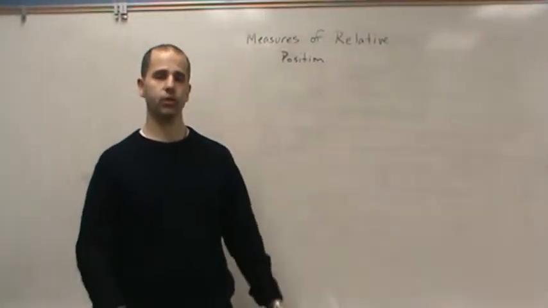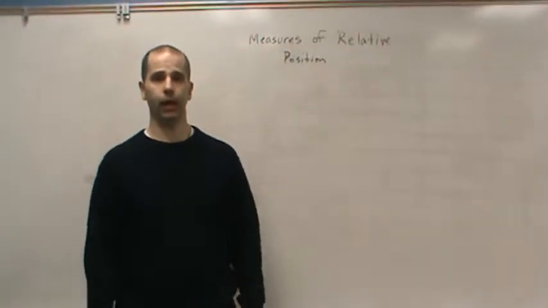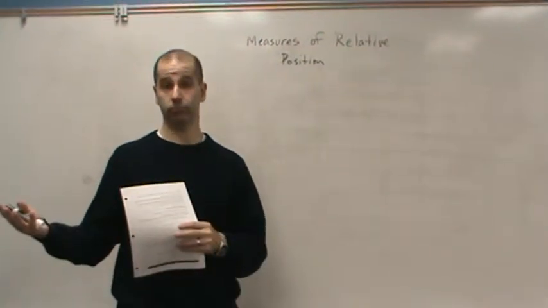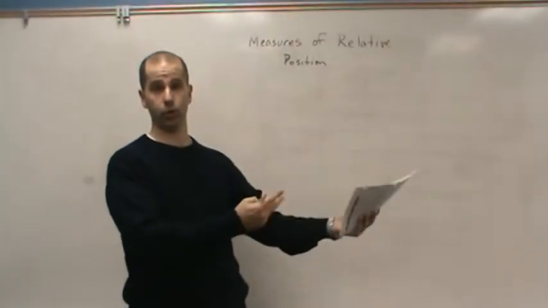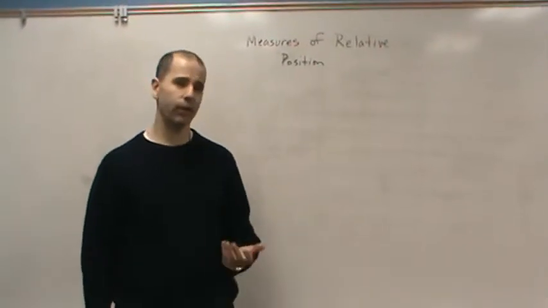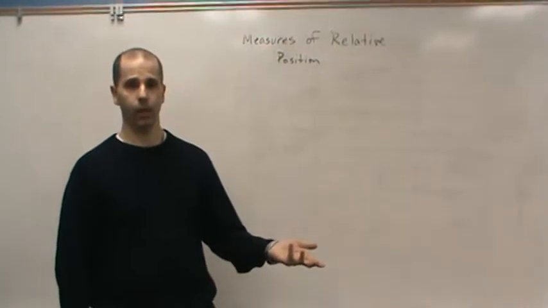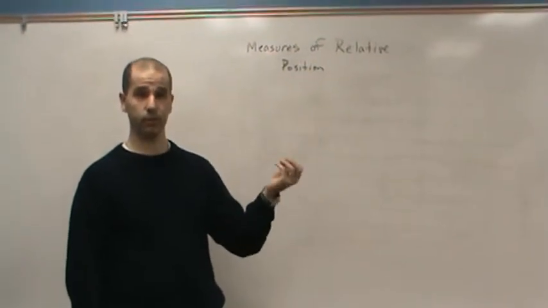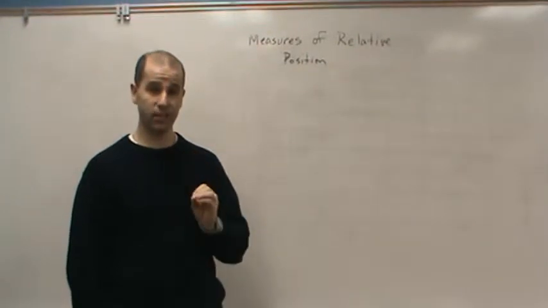Then the question is, which one weighs more relative to its own population? Or which one is more extreme compared to the rest of its population? It's going to be very difficult to discern that just by looking at the numbers, especially if they have very different means and standard deviations. This is where the Z-score comes in.